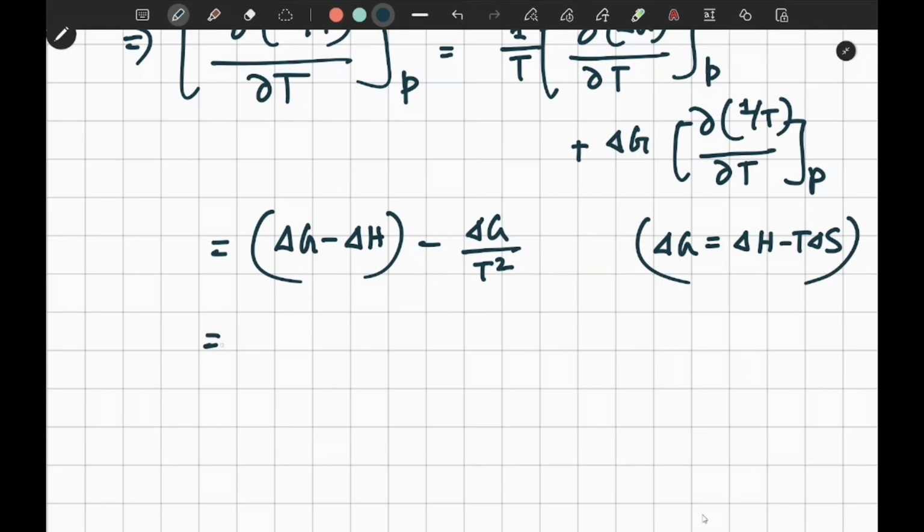So if you put it in, T delta S will again be there. What will be the case? And del S by T squared is totally a mess.